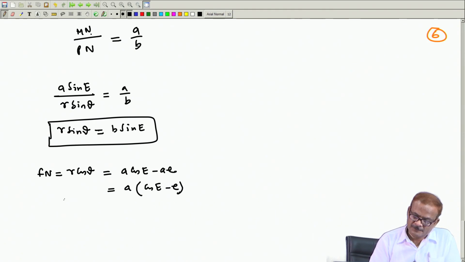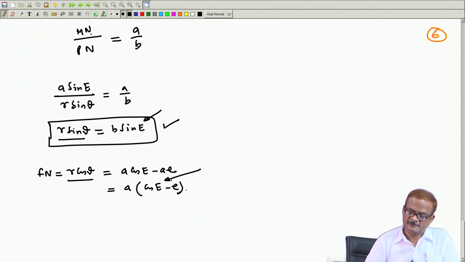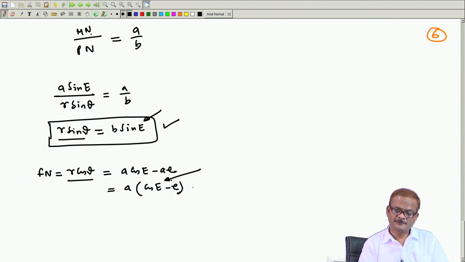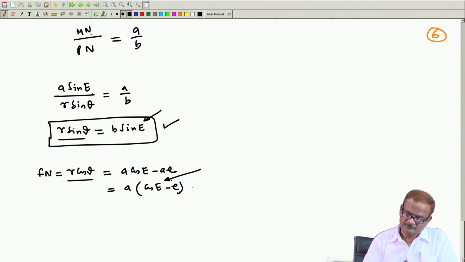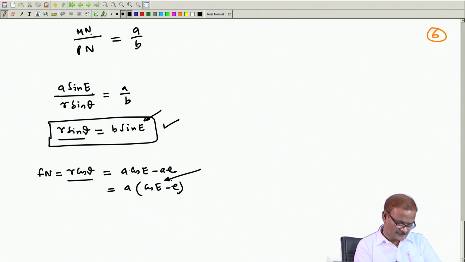What we can observe is that r sin theta and r cos theta are described in terms of this eccentric anomaly. So, we will be able to describe r in terms of a, b and e, that is, the semi major axis and semi minor axis.